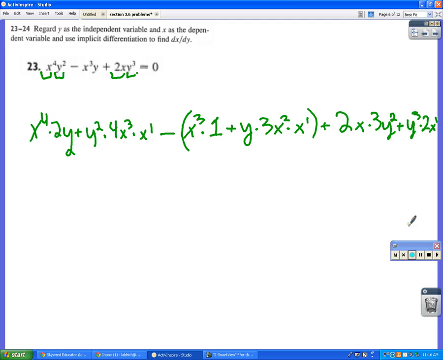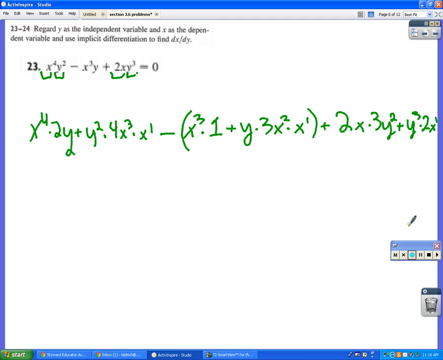This is a conceptual check to make sure you understand. 2x prime is the derivative of 2x.